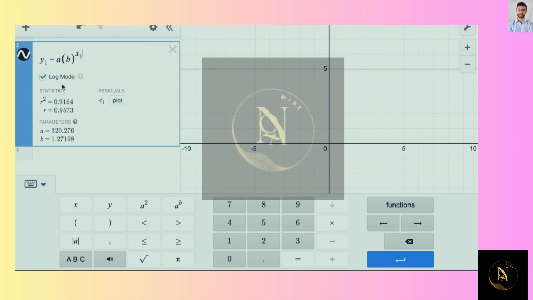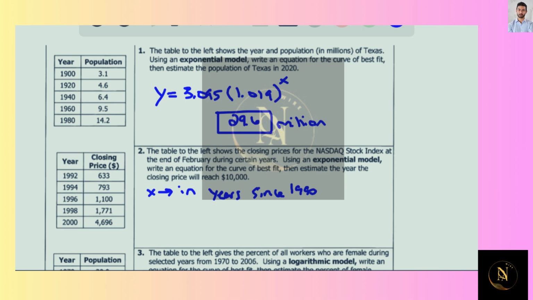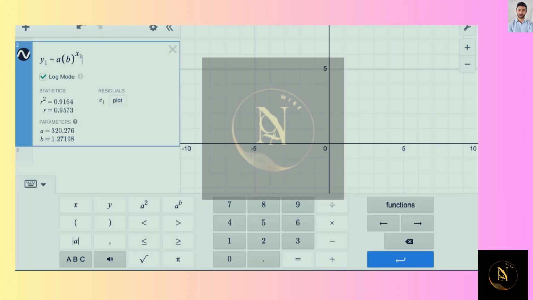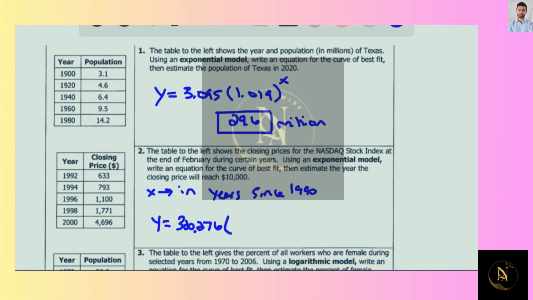Log mode for Desmos, and we can say 320.276 times 1.272 to the x. And when will it reach 10,000?